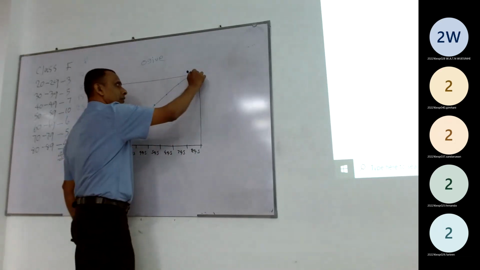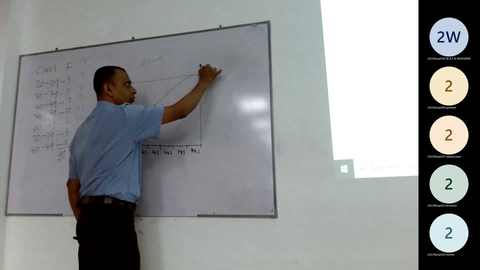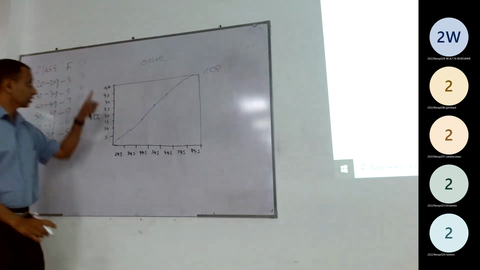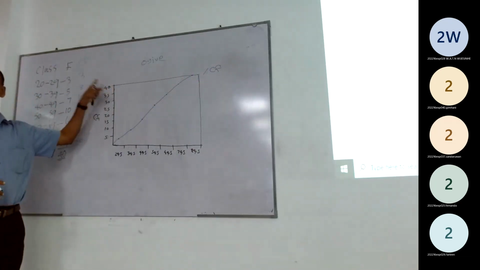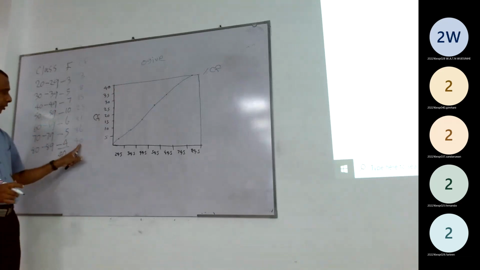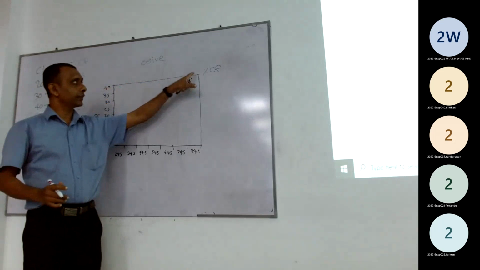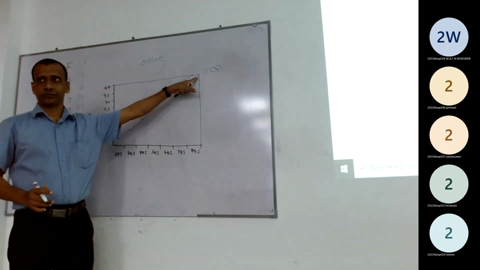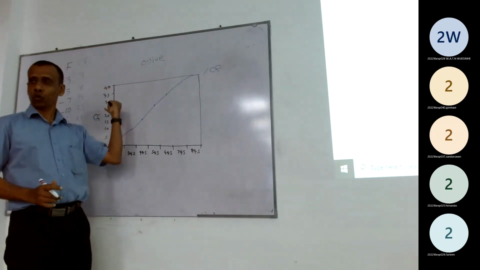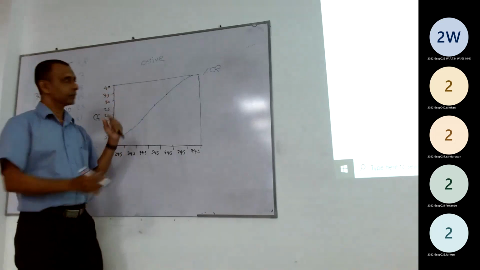This is percentage cumulative frequency. If the total is 38, from 38 take that line. Then that is 100%, because out of 40, 40 means 100%.